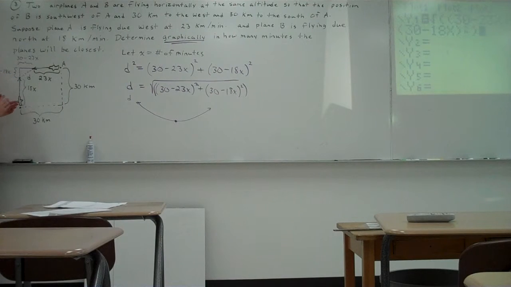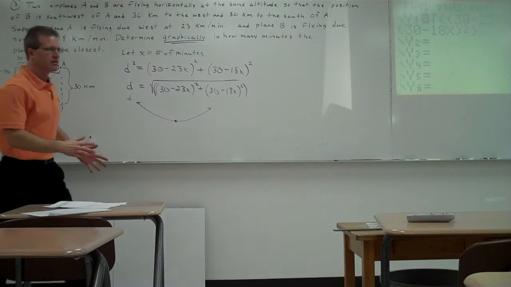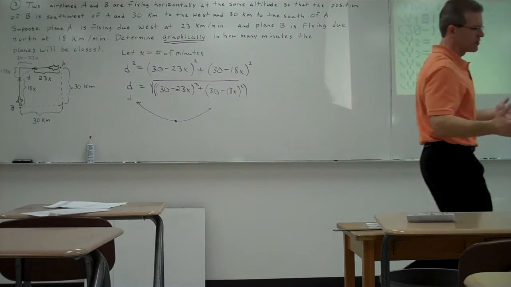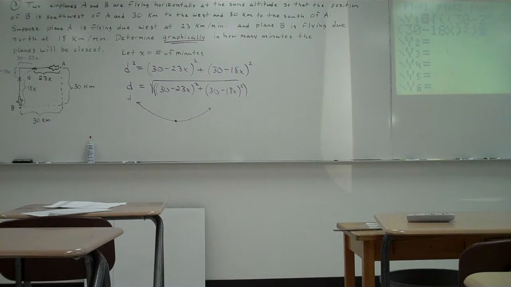And this one would be too, because this plane's going 18 kilometers per minute. So in 1 minute it goes 18 kilometers. In 2 minutes, how far would it fly? 36 kilometers. So these planes will have already passed this point where they could crash after 2 minutes. So let's set our window from 0 to 2 minutes. We don't really need to consider anything more than 2 minutes, I don't think.